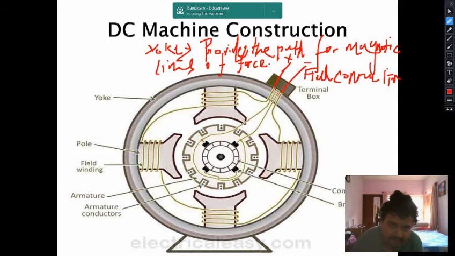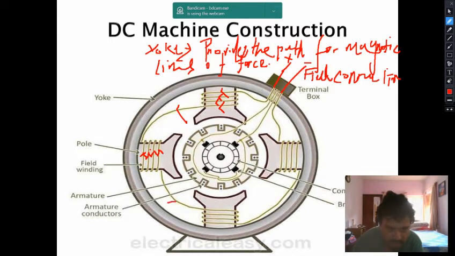So the current is basically starting from here, and this is the direction of the currents. Here the current will come like this, it will enter the back and come again to the front. So this is how the current is flowing.